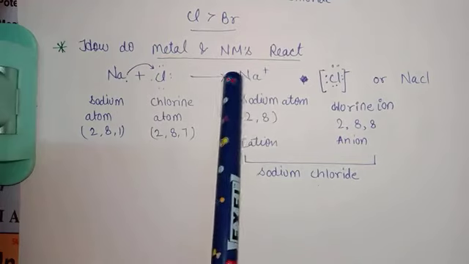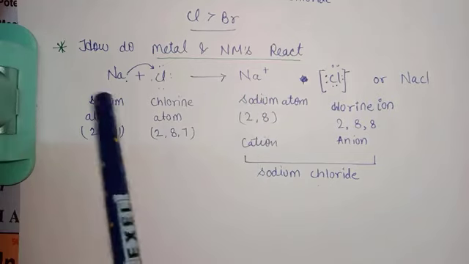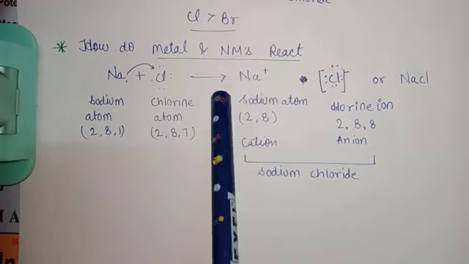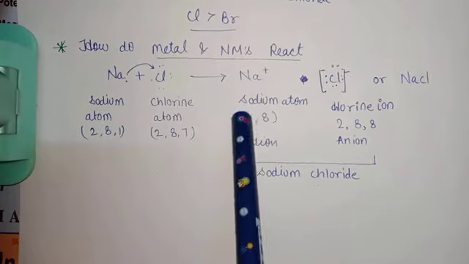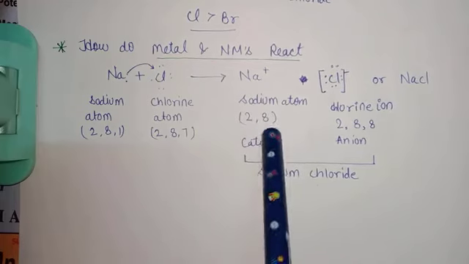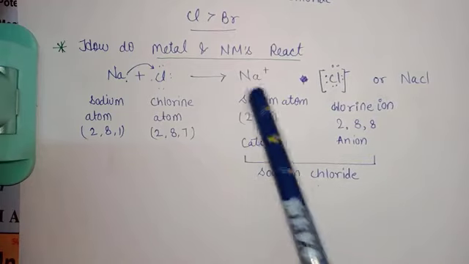So when it gives an electron, the sodium becomes a sodium ion, the cation, with 2,8 from the atom form.